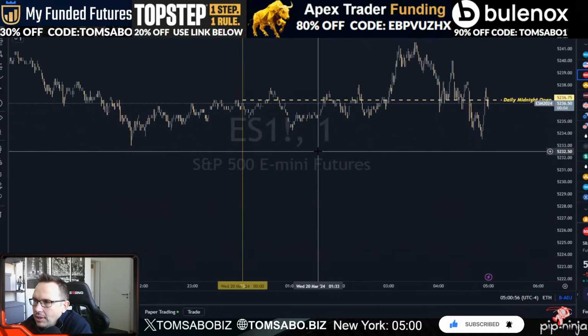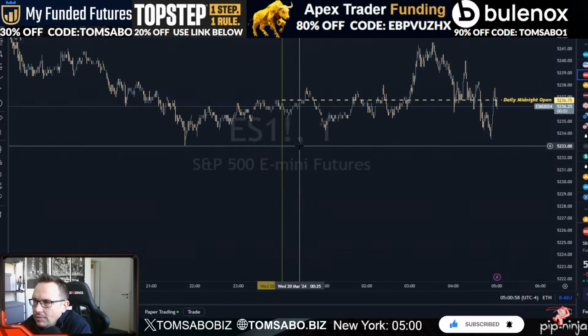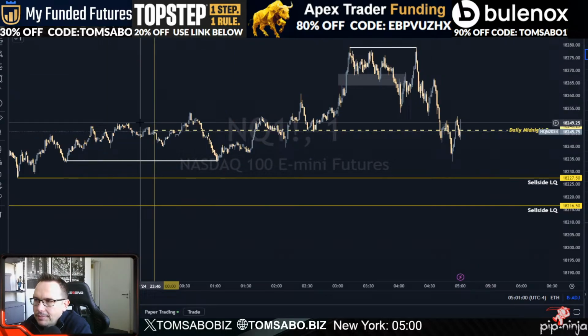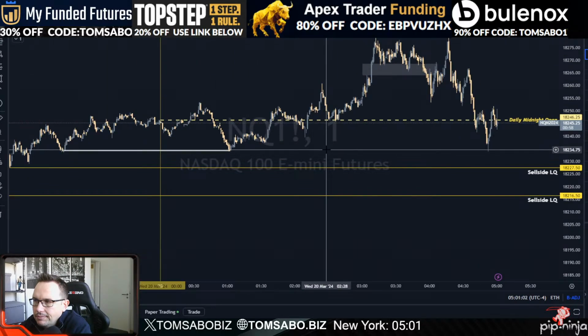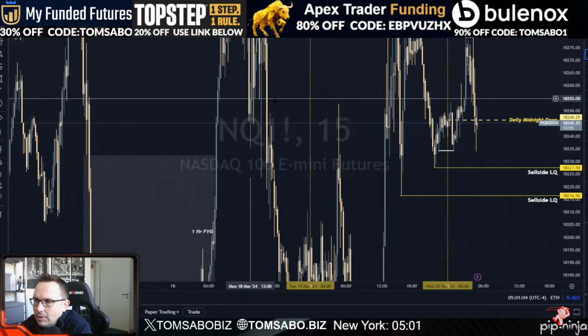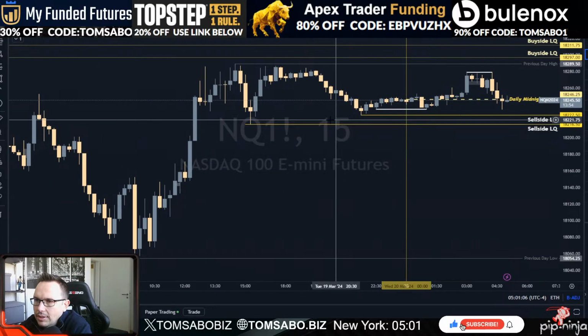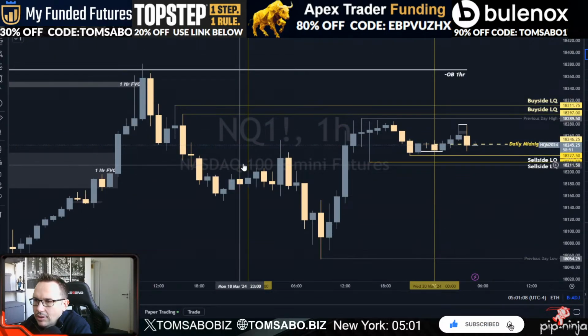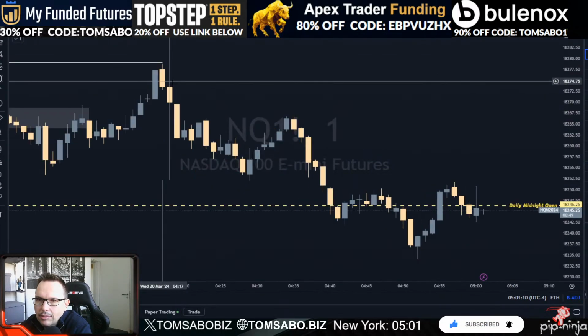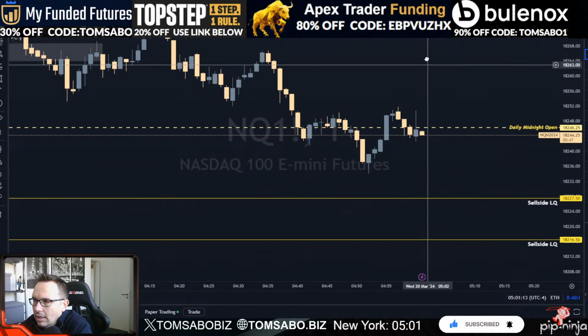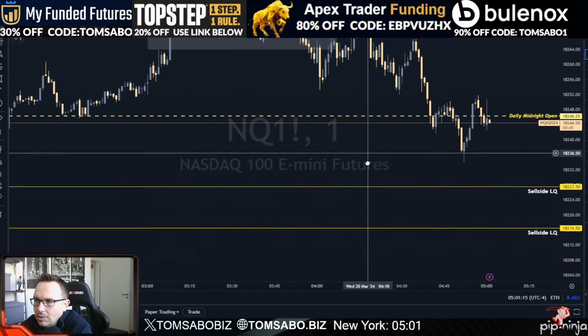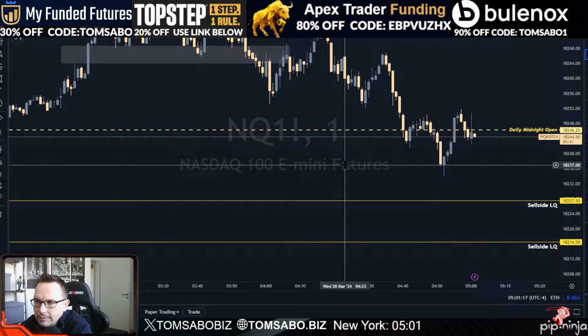ES is still holding. I don't trust this move that much, but if I look at the 15-minute, there is liquidity down here. If I look at the hourly, there is definitely liquidity down there. So that's quite interesting.